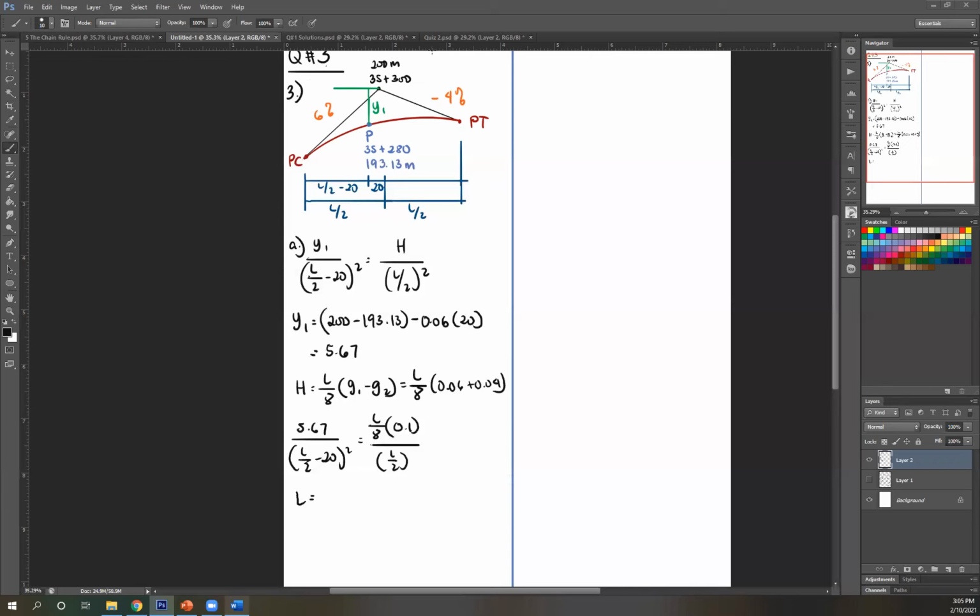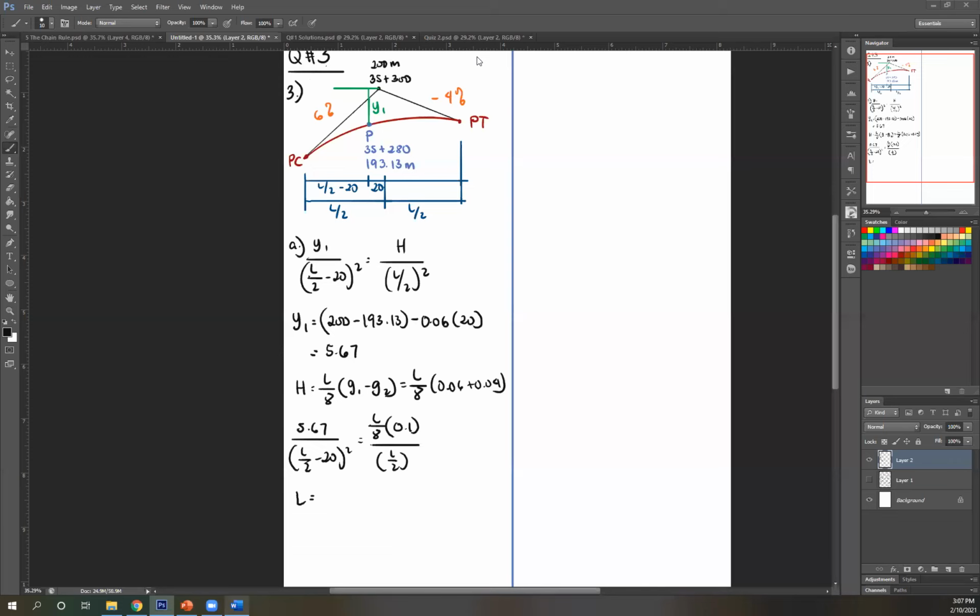So 9 is not possible. There's another answer to this. No?